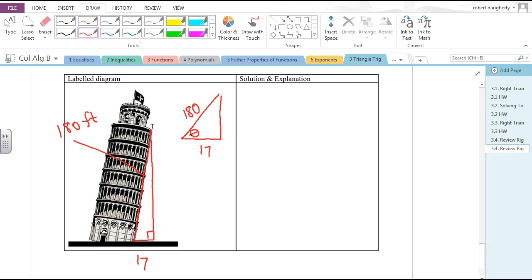So if I look at this relative to that angle, it looks like I've got an adjacent side and a hypotenuse. That is begging me to use the cosine function. So the cosine of theta is going to be 17 over 180. To solve this, I use my inverse cosine.